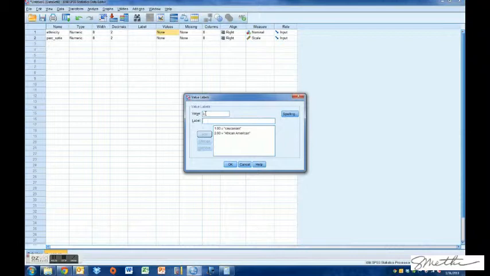Value of 3, let's call that Asian Pacific Islander. And let's call value 4 Native Citizen.